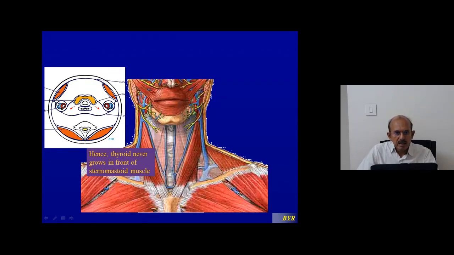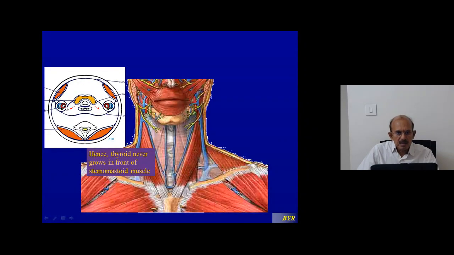This pretracheal fascia comes in front of the great vessels of the neck and passes medially, splits to enclose the thyroid gland between the 2 layers. Because this pretracheal fascia arises from this particular area.